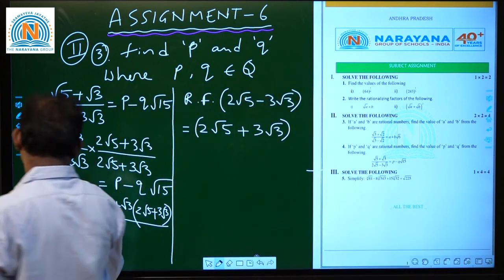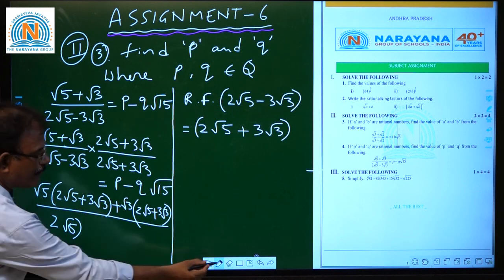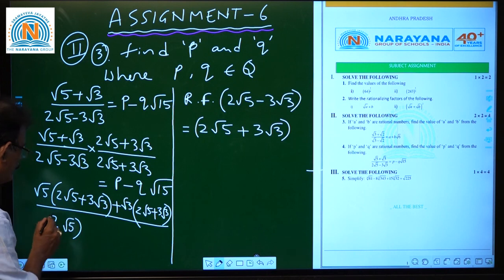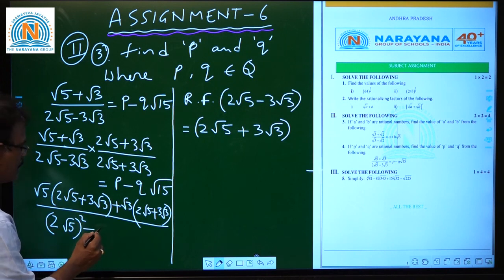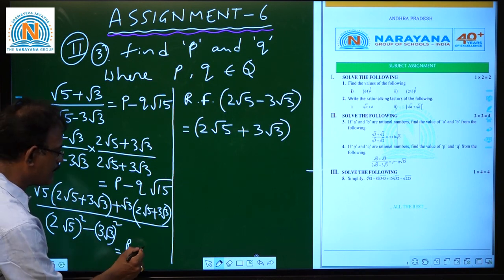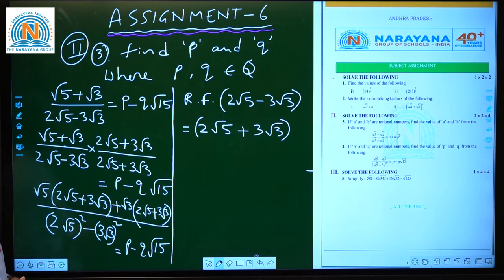So this is a² − b², (3√3) whole square, is equal to P − Q√15.